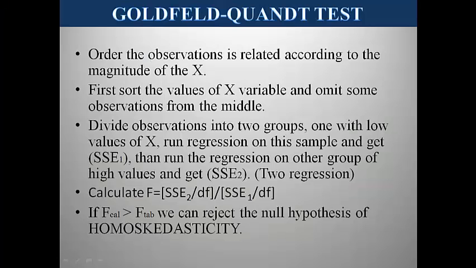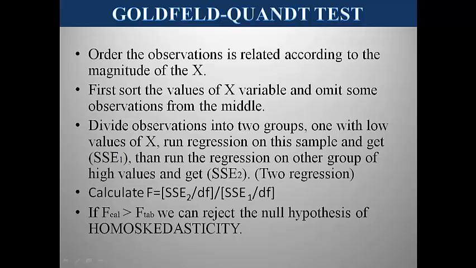Another test we use for testing heteroskedasticity is the Goldfeld-Quandt test. In this test, we hypothesize that the observations are ordered according to the magnitude of x. As a first step, we sort the values of the x variable and omit some observations from the middle. Then we divide the observations into two groups, one with low values of x, run the regression on this sample and get residual squares.